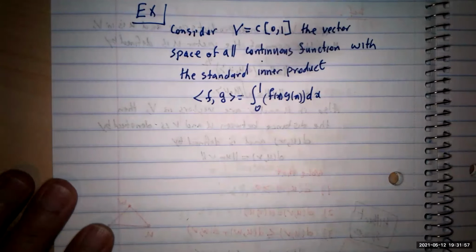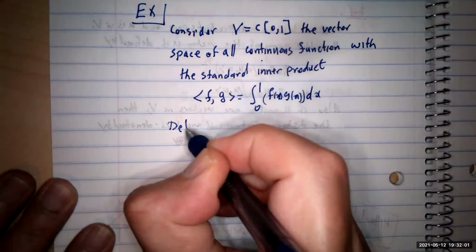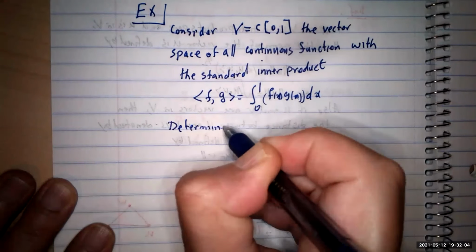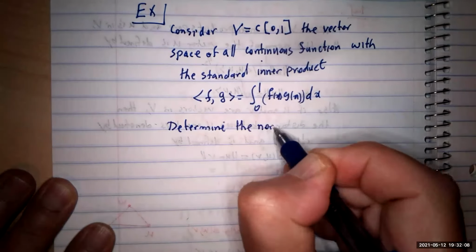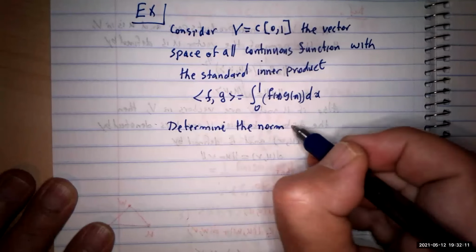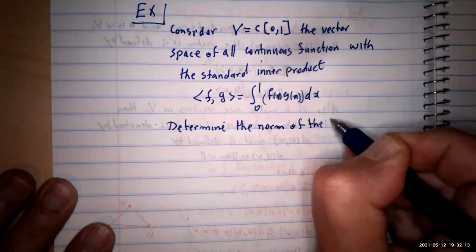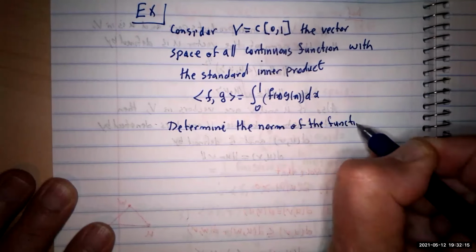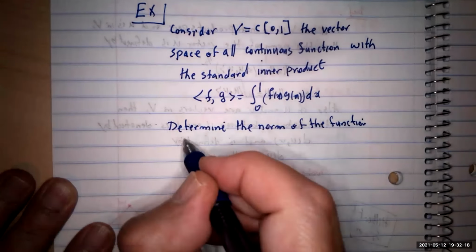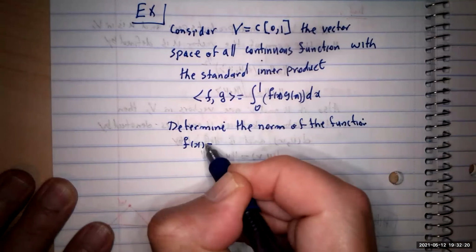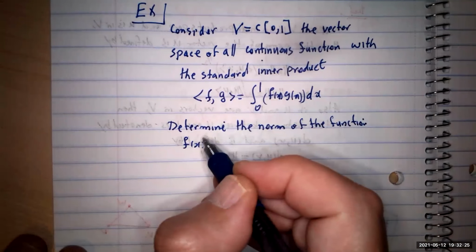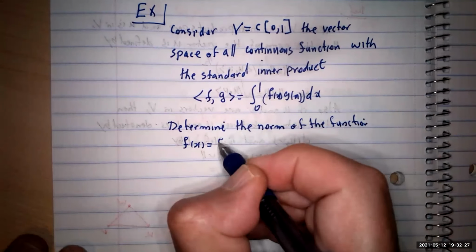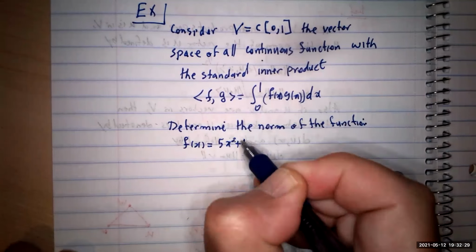That would be given to you, and we want to determine the norm of the function f(x) equals 5x squared plus 1.